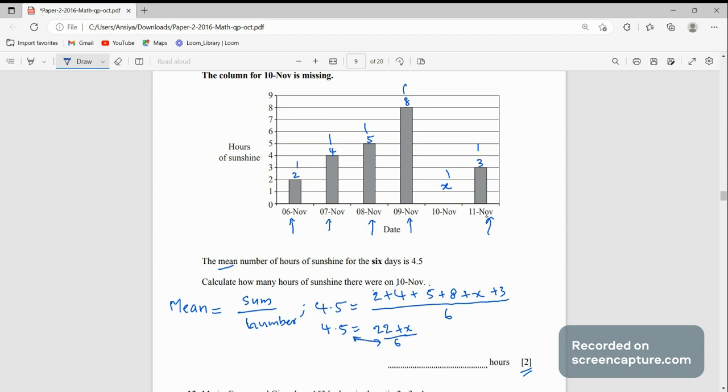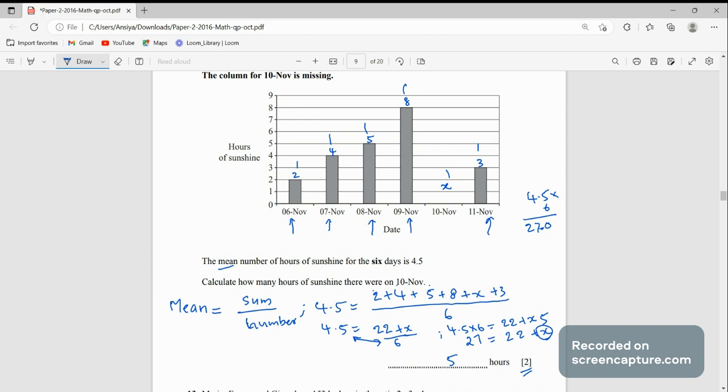Now we will do cross multiplication, meaning the 6 will go to the left side. 4.5 multiplied by 6 equals 22 plus x. What's 45 multiplied by 6? 270, with one decimal point over here, so 27. 27 equals 22 plus x. We know 22 plus 5 is 27, so it is 5 hours.